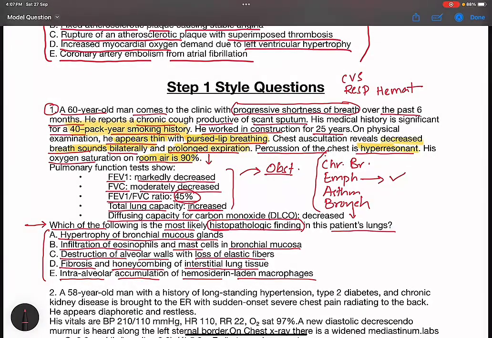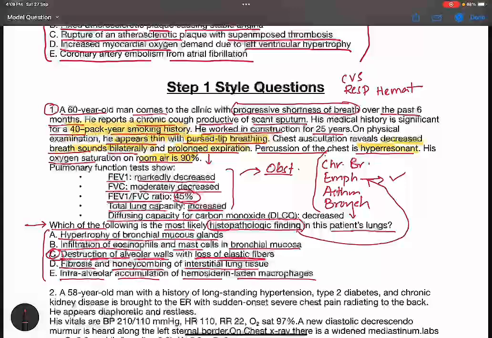So what histopathologic finding occurs in emphysema? In emphysema, we have destruction of alveolar walls with loss of elastic fibers. So the correct answer is destruction of alveolar walls with loss of elastic fibers. Then option A, hypertrophy of bronchial mucus glands, occurs in chronic bronchitis.